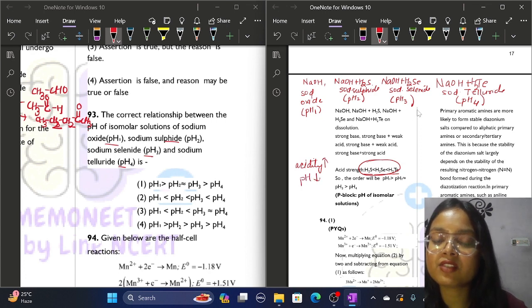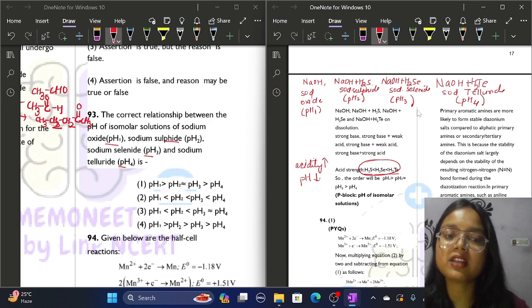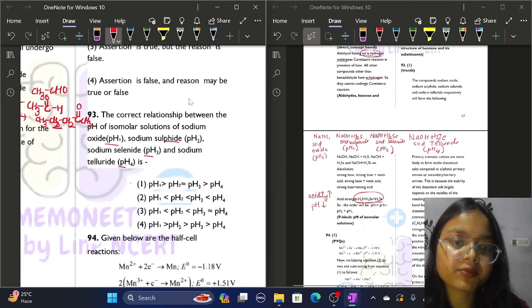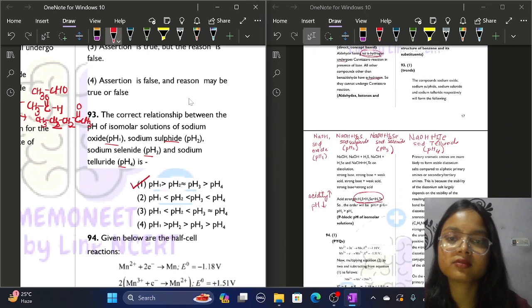So NaOH will have the highest pH value, then sodium sulfide, then sodium selenide, and then sodium telluride. So which is the correct option? Option 1 here is the correct option. Okay.